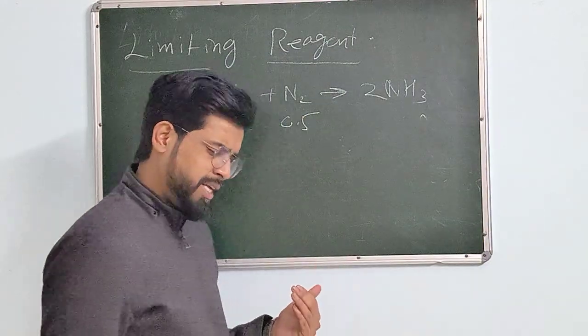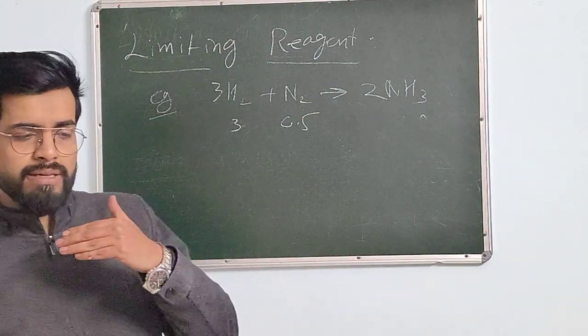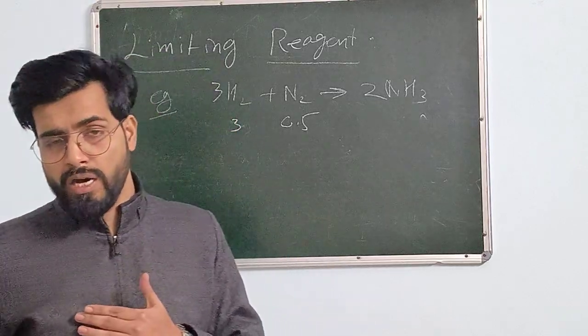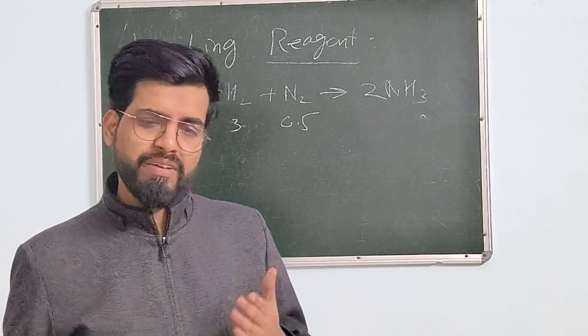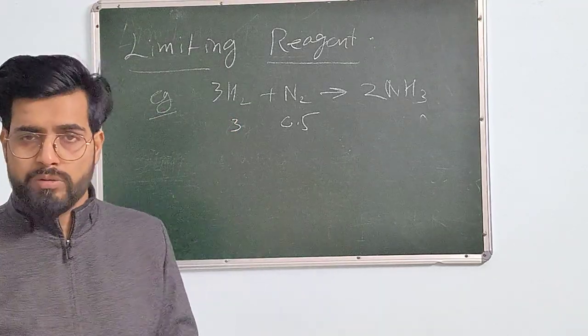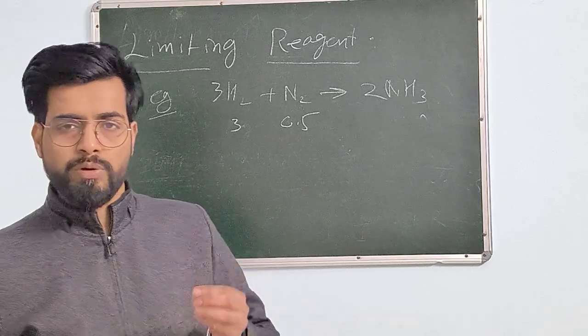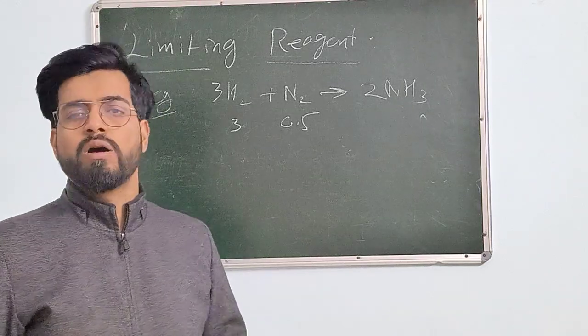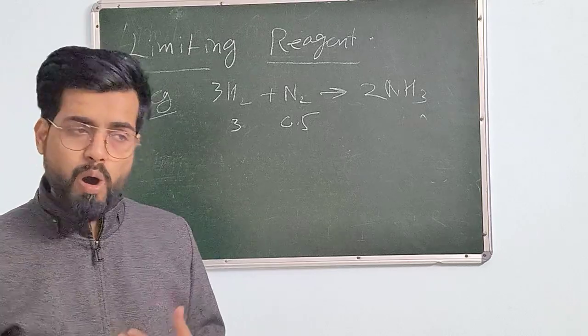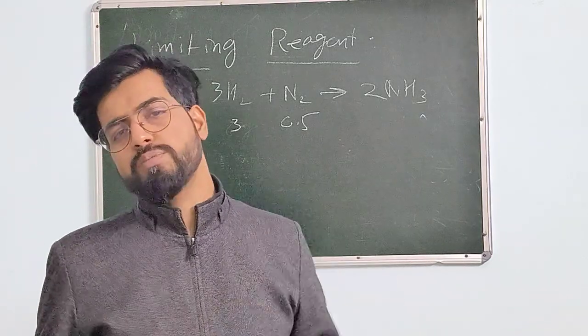Definitely, if the question is related to the limiting reagent, they will ask about the amount of the product, weight of the product, moles of the product, or volume of the product.